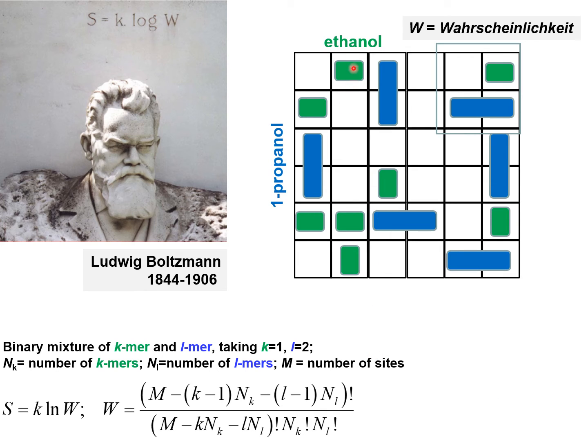For the special case of ethanol and 1-propanol, K is 1 and L is 2, which is 1-propanol.